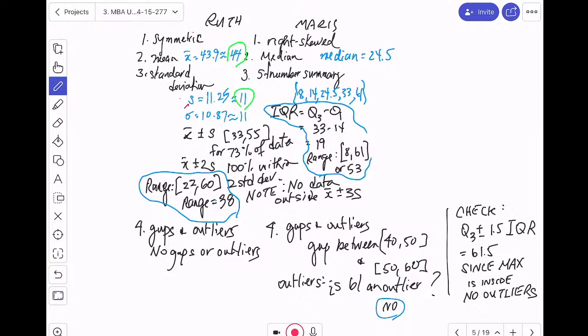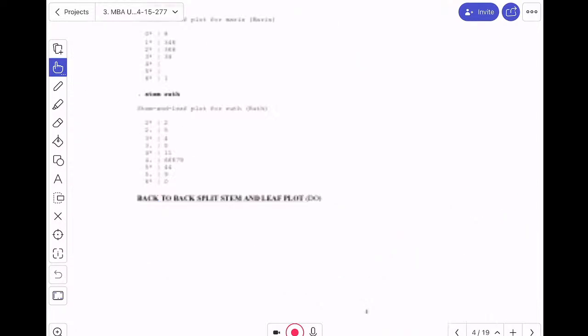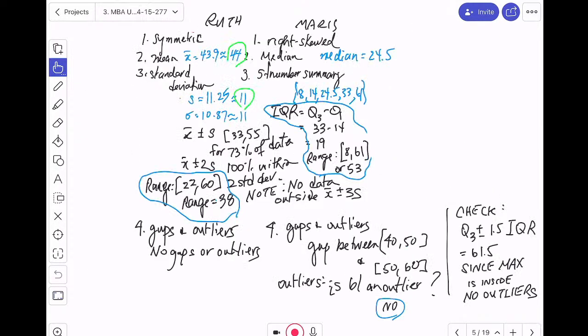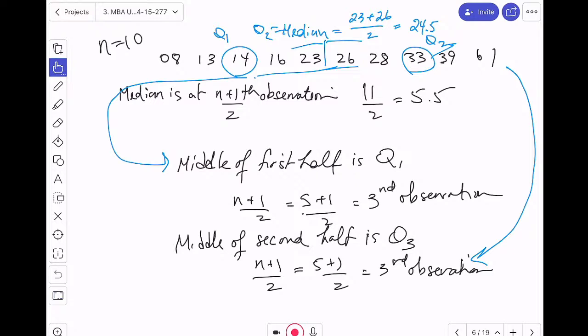Before I continue, I want to make a point about Excel and percentiles. So we know, the way I've shown you how to calculate the quartiles is a very specific way, different from what some statistical software packages do.